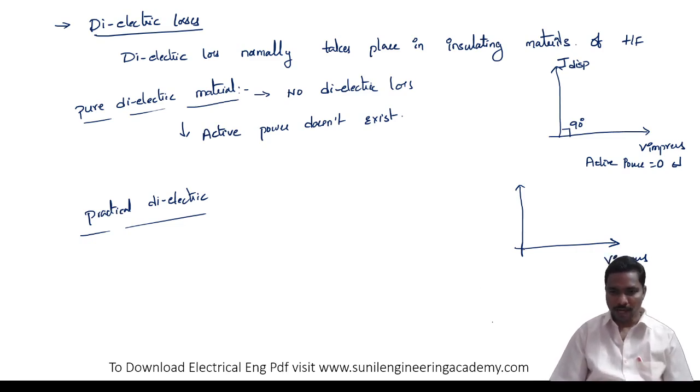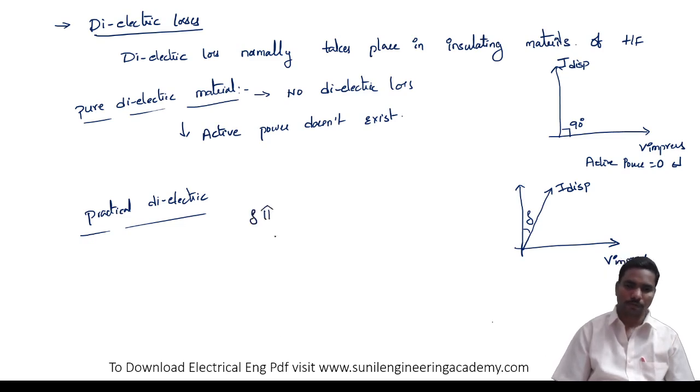So we may have some angle delta between the previous I and the present I. If the delta is more, then the angle between the voltage and current reduces. As the angle reduces, cos phi increases, so active power will increase.